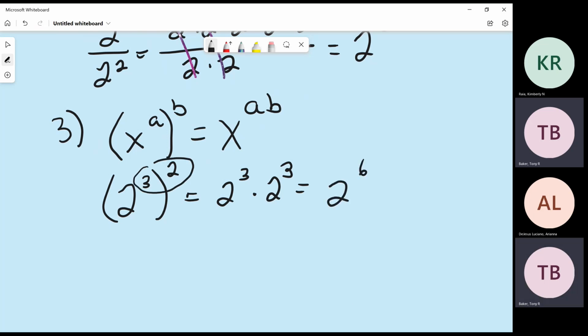So the quicker way to do it is just to look at that and multiply them. Anytime you have parentheses, you're multiplying their exponents.